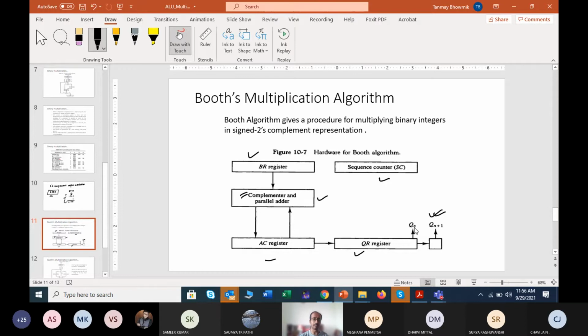I will come to this flowchart, but before the flowchart, I am just discussing how you can take the decision whether you are performing any addition or subtraction. Now the case pending is whether you are having a 1 0 or a 0 1. In case of 2's complement, if you have a 1 in your most significant bit, you always consider that it is a negative number, so we have to take the complement again.